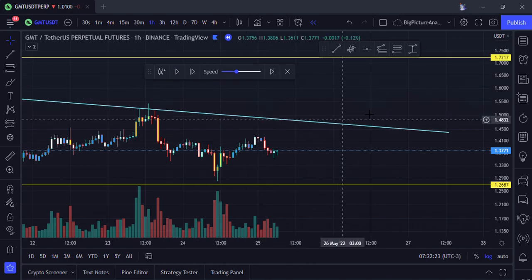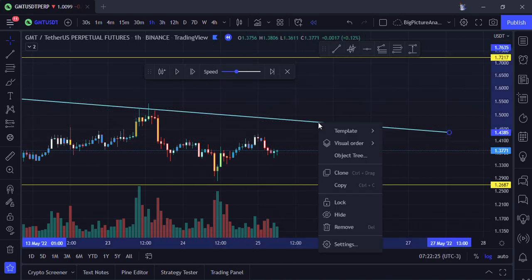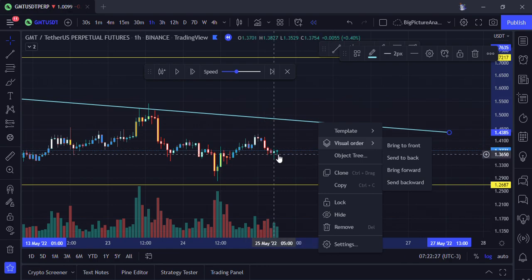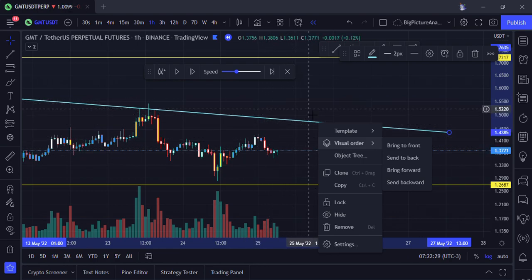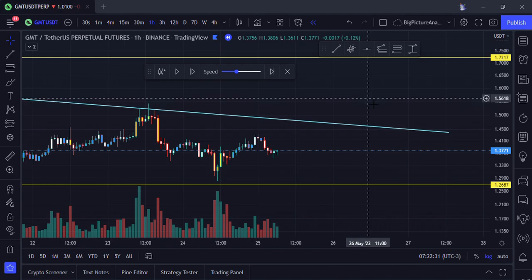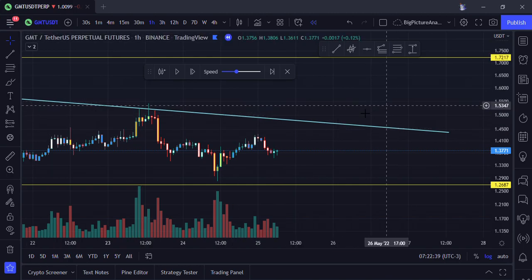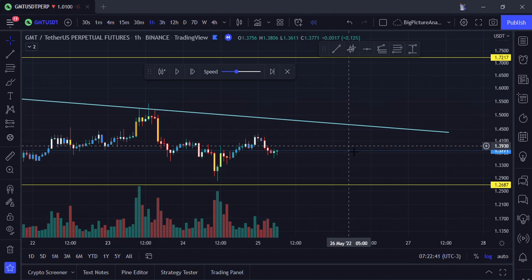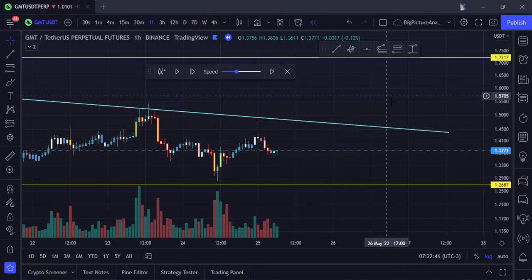On the real mode, you can right click and add an alert. So once the price crosses this line, you're going to get an alert. You might be in a meeting or concentrating on your job, and then you see your telephone ring and you say, I have to take a look at the GMT USDT and decide if I'm going to trade. This is what I normally do on a daily basis, okay?